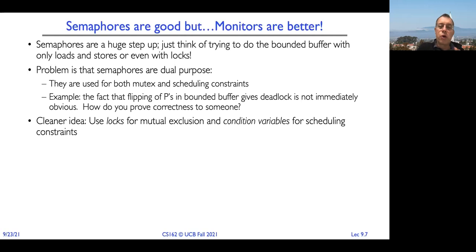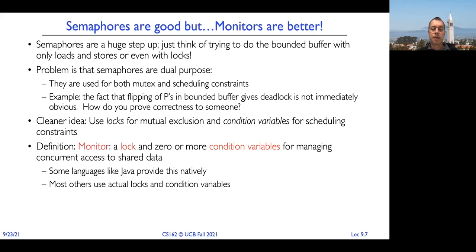You use locks for mutual exclusion and what are called condition variables for scheduling constraints. So a monitor is a lock and zero or more condition variables for managing concurrent access to shared data. We'll talk more about that.